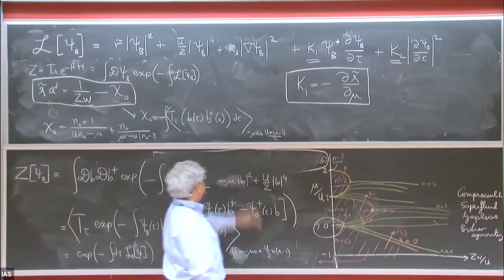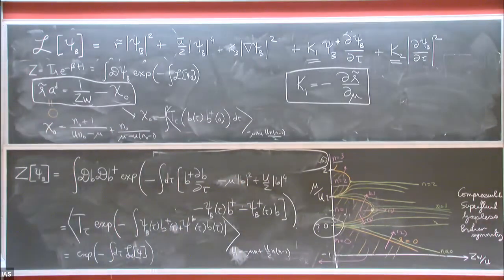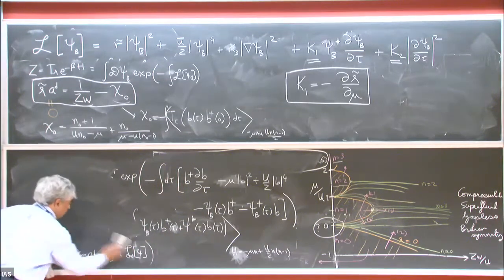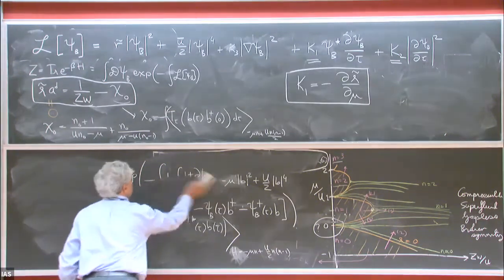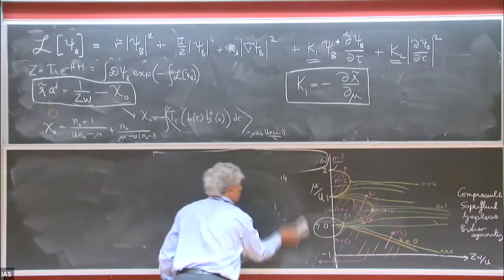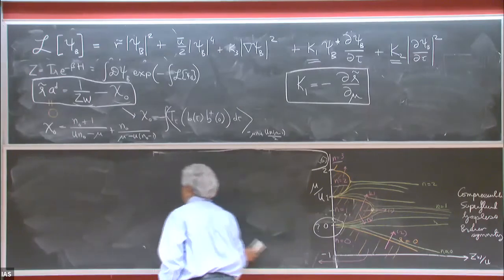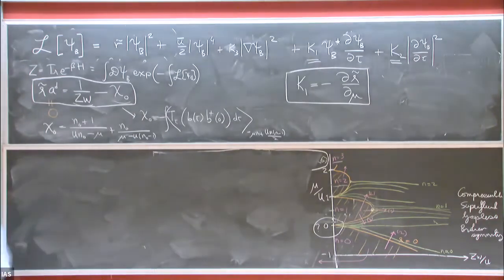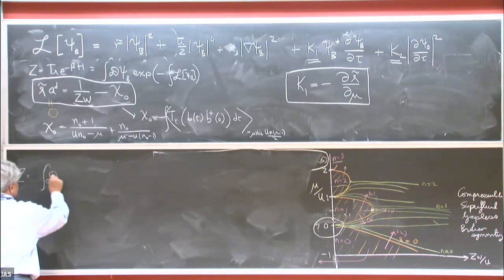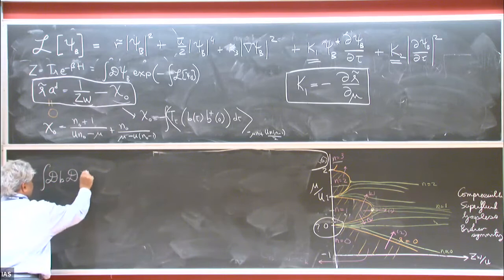Here, hopefully I can get it right. So let me just take the original theory, the Z, which has both D and D psi.